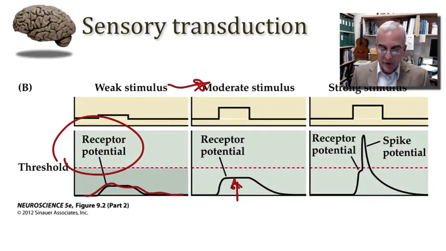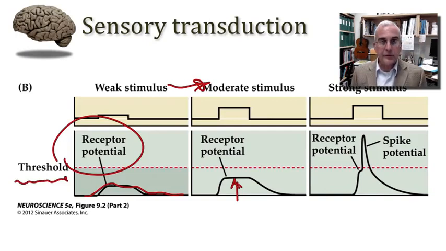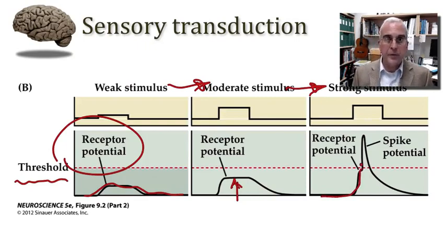But notice that we don't yet generate an electrical signal that can propagate as long as this potential stays below threshold for generating an action potential. But with a stronger stimulus, it very well may be that this receptor potential is now of sufficient magnitude to achieve the threshold for generating an action potential. So once that threshold is achieved, an action potential fires. Now, notice what's going on here.